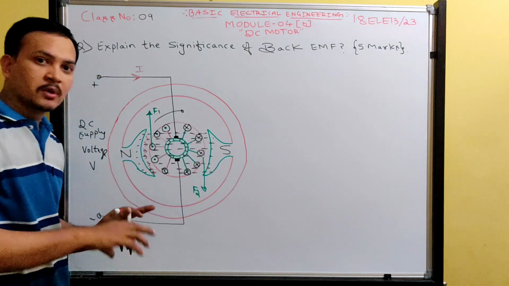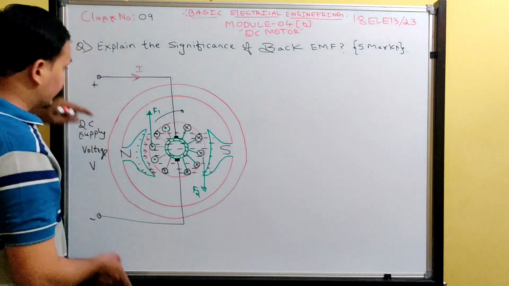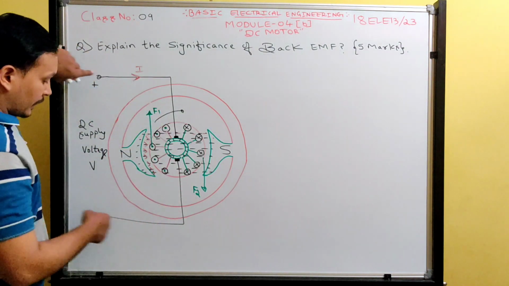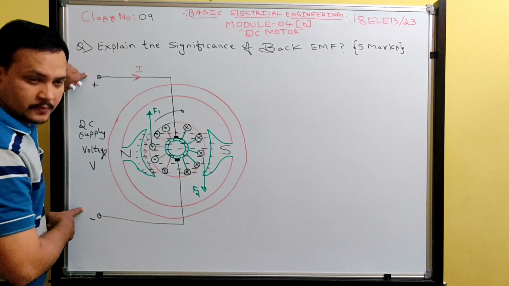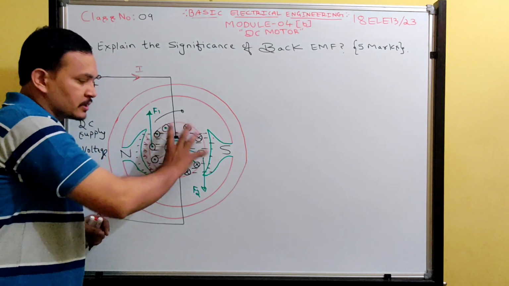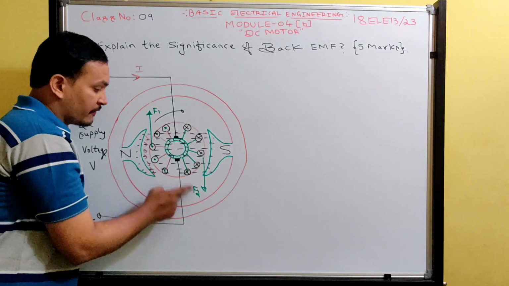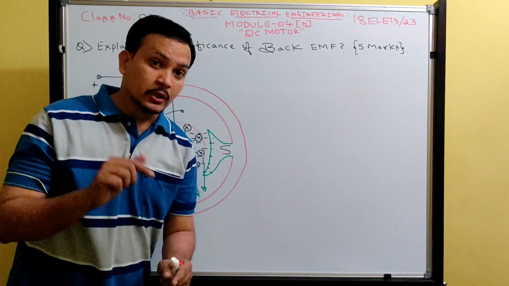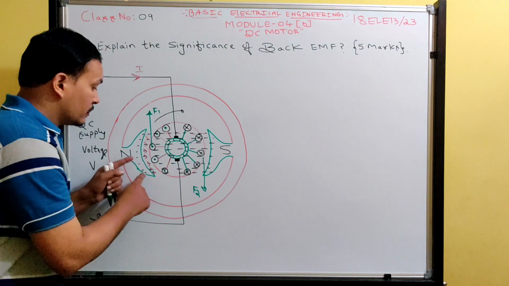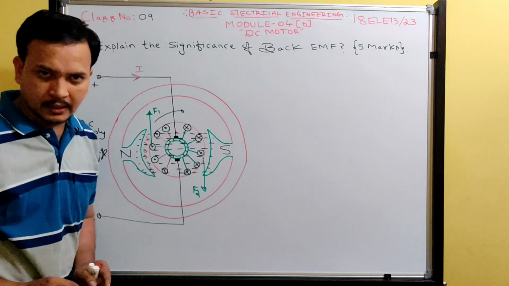So this process will be cumulative. This process will take place as long as these brushes are connected to the supply voltage. Okay, got it? So likewise, the armature is going to rotate when force is experienced. How are this F1 and F2 produced? Due to interaction of main flux and the magnetic field around the current carrying conductor.